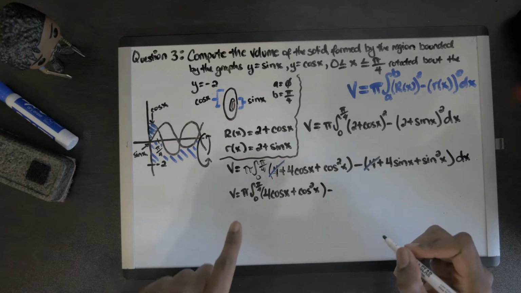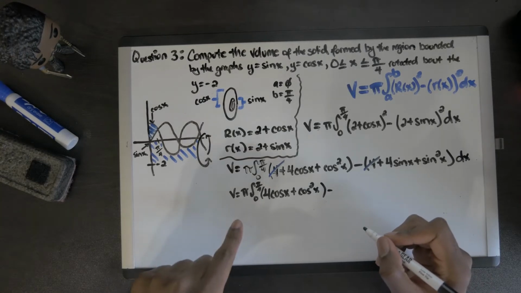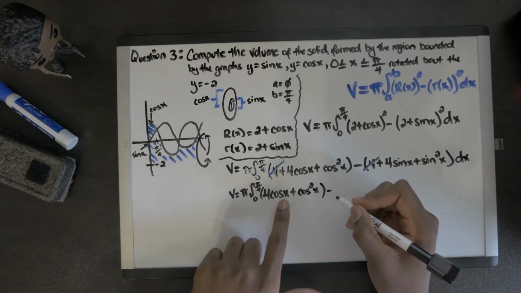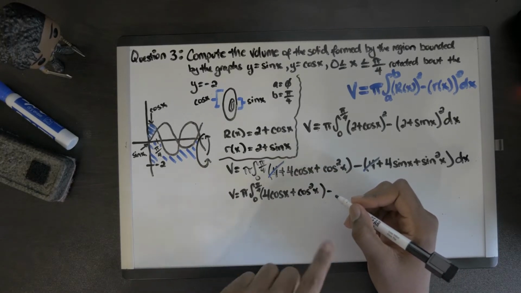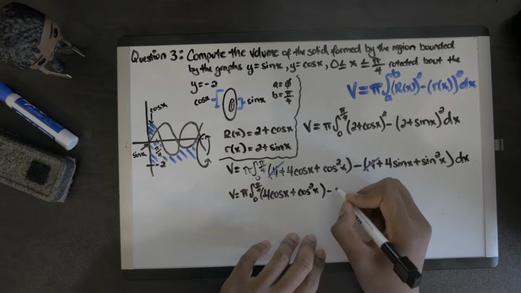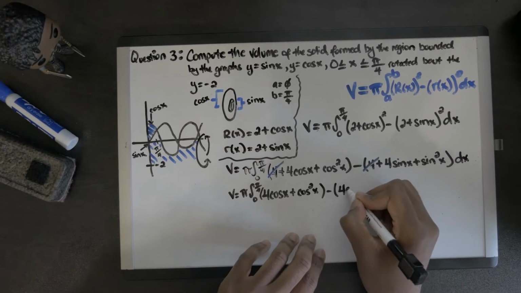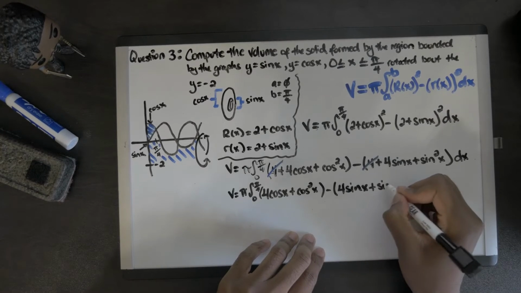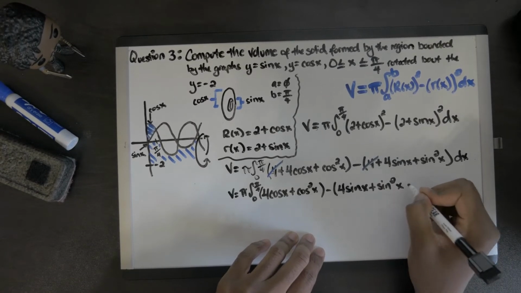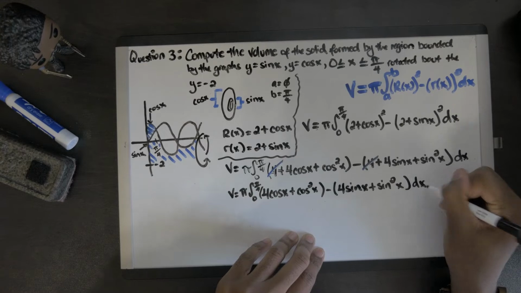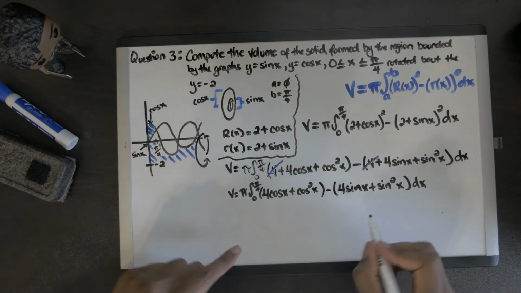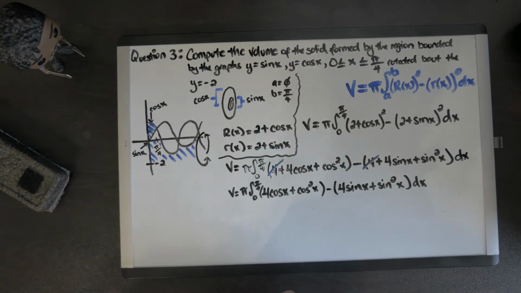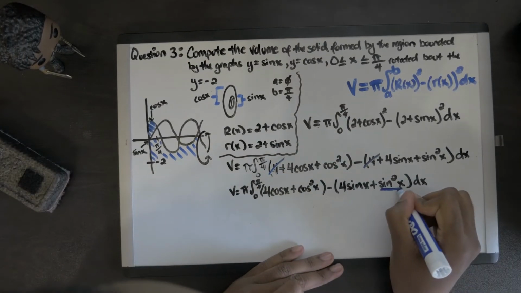We have volume equaling pi, an integral from the bounds of 0 to pi over 4, and then we have 4 cosine x plus cosine squared x minus (4 sine x plus sine squared x) dx. We know right off the bat these two terms, which I will mark with the blue marker here.